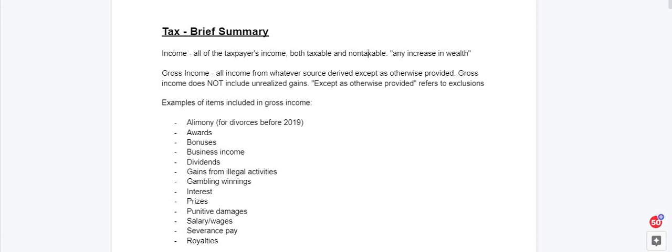That is because although 100% of your gross income is included in taxable income, in order to arrive at your taxable income, there are certain adjustments you can make to your gross income, and this is called your adjusted gross income. Now, from your adjusted gross income, you can take what's called either a standard or an itemized deduction to reduce your taxable income.